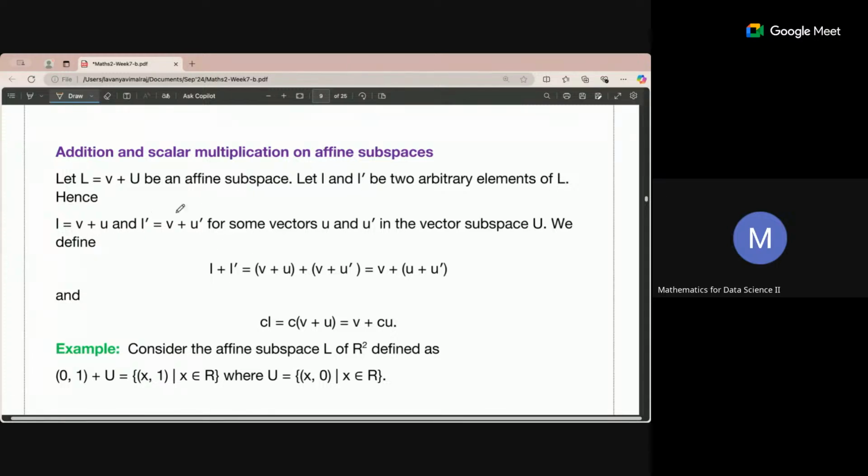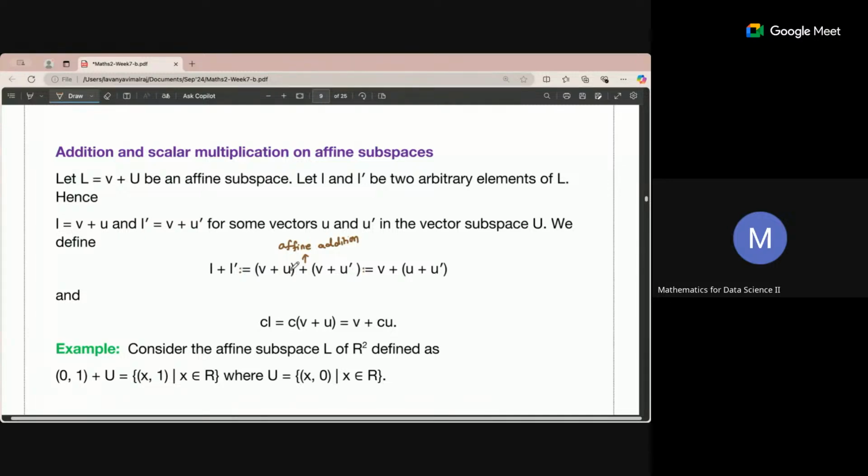So let us write L as V plus U and L dash as V plus U dash for some U and U dash in U. So here we are defining affine addition, not vector addition, because we are taking two elements from an affine space.